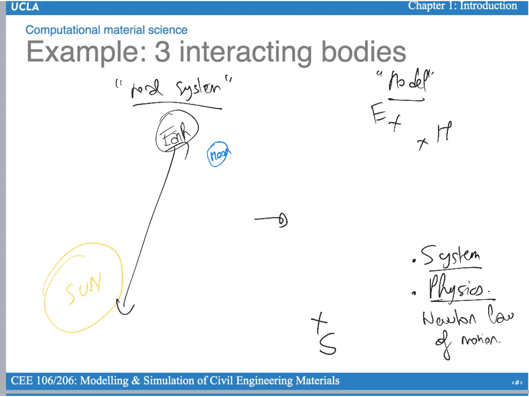For example, a common approximation to numerically predict the behavior of those three bodies is to neglect some of the interaction between certain bodies within the system.